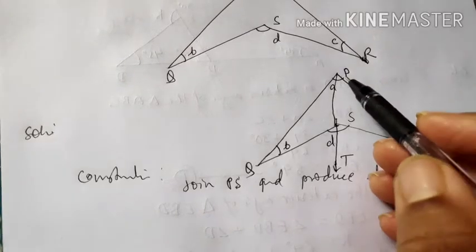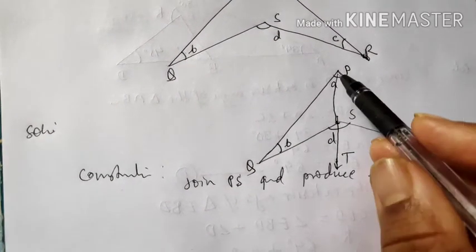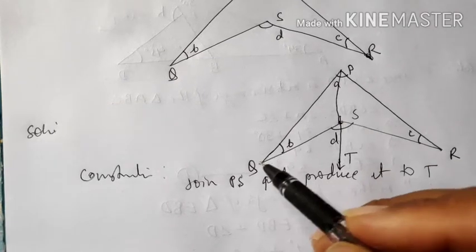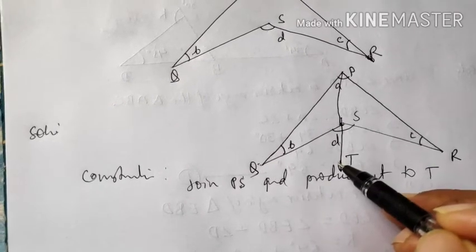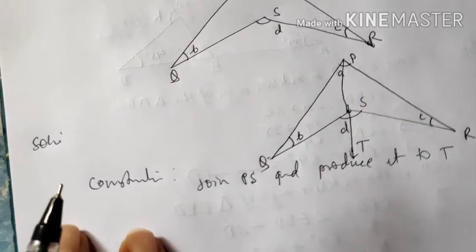Now we see that in triangle PQS, here angle QST is the exterior angle of the triangle PQS. Okay.